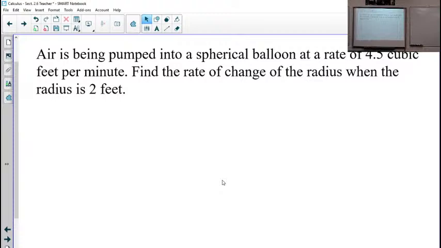Figure out what rate you're trying to find and what information it's already given you. What is that 4.5? What is the 2? And how do we write what we're trying to solve for?